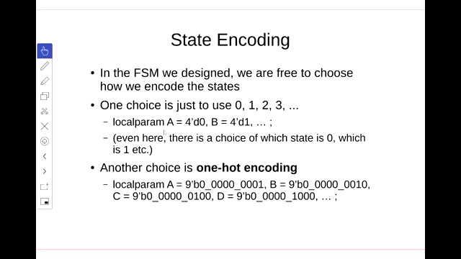The benefit is often the transition logic is very simple, and the design can run a lot faster than the other design. So if you don't care about how many flip-flops you use because you're feeling rich and you just want a fast design, this might be for you. I can't guarantee this is the fastest. That's a deep mathematical exercise, but there's a good chance that this will be faster than just the usual encoding.